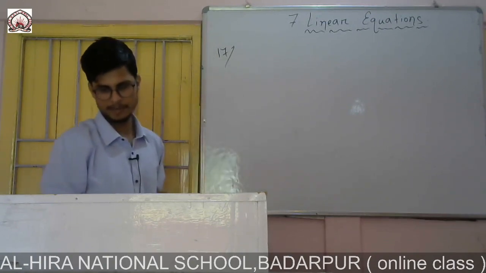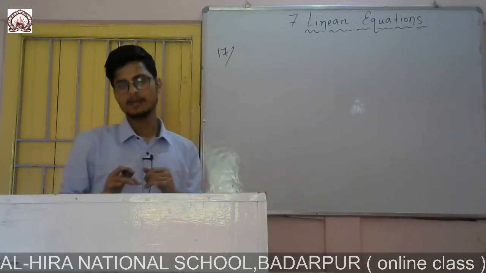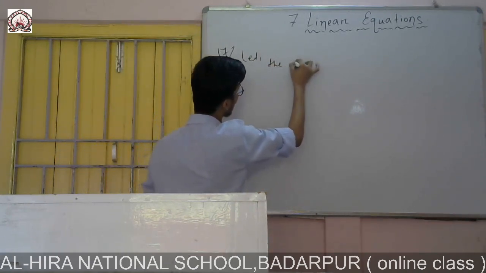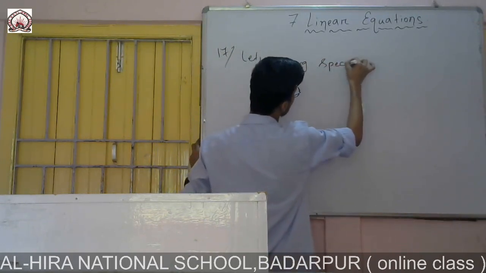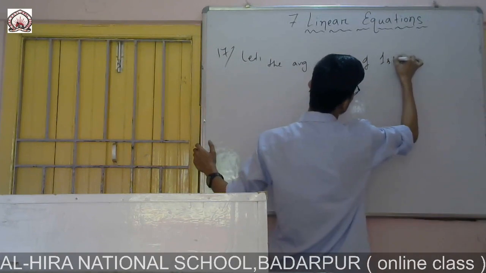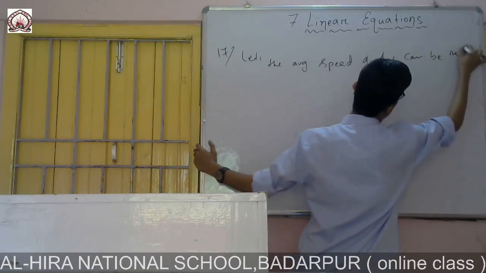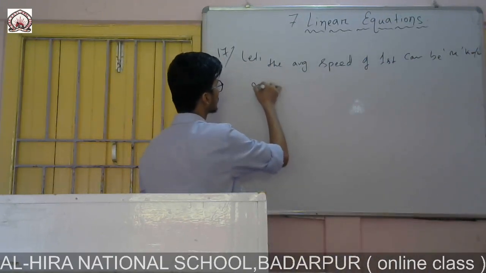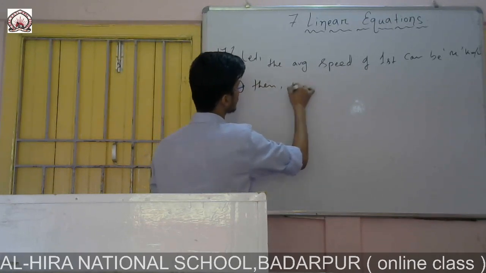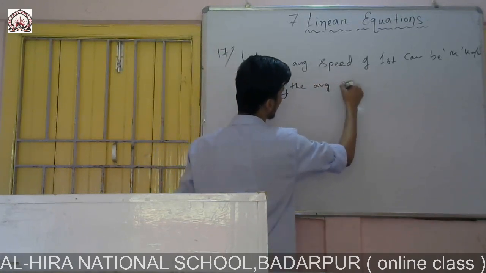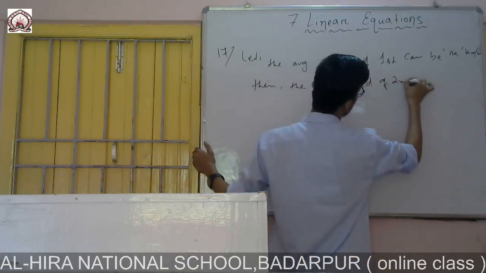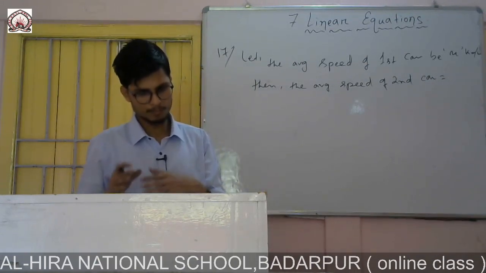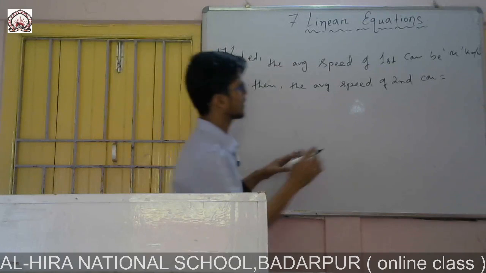I will let one be the first car and the second one be the second car. So let the average speed of the first car be x kilometer per hour, and then you write the average speed of the second car will be 5 kilometer per hour more, so x plus 5 kilometer per hour.